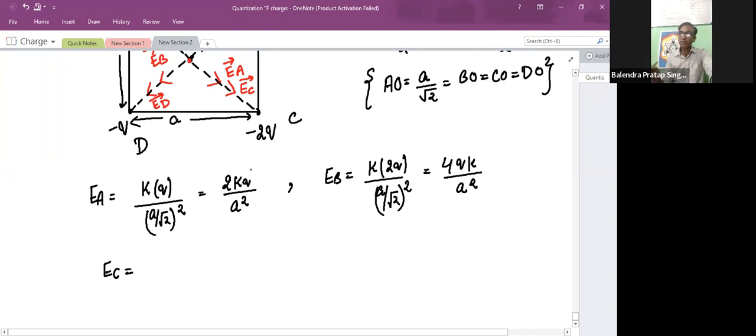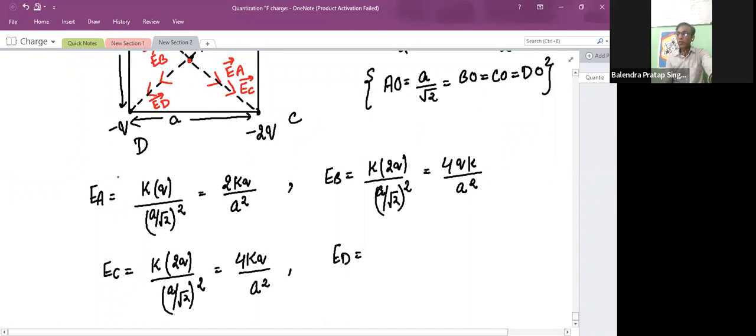I will consider only the magnitude because the minus sign will give you the direction. EC is k, 2q divided by a by root 2 the whole square, and that will give you 4kq by a square. Now what about ED? ED has only charge q, it doesn't have the 2, so it will give you kq divided by a by root 2 the whole square, and that will give you 2kq by a square.